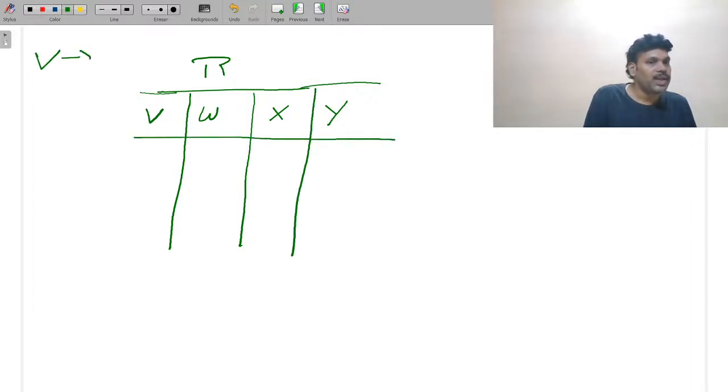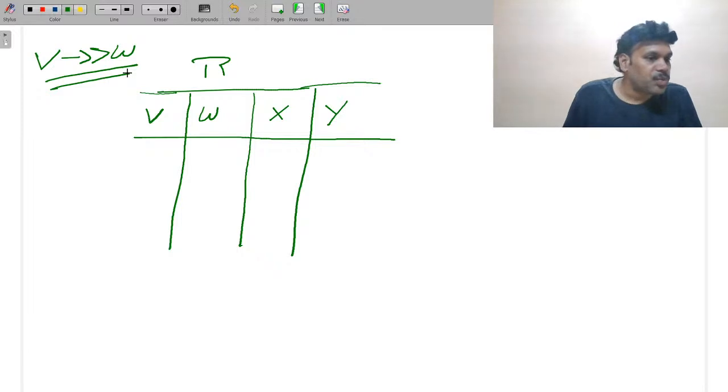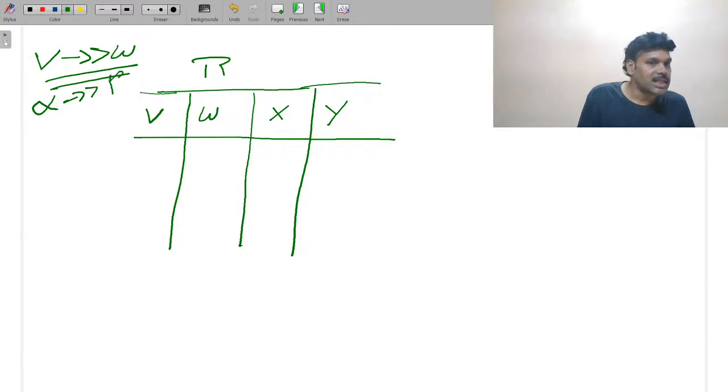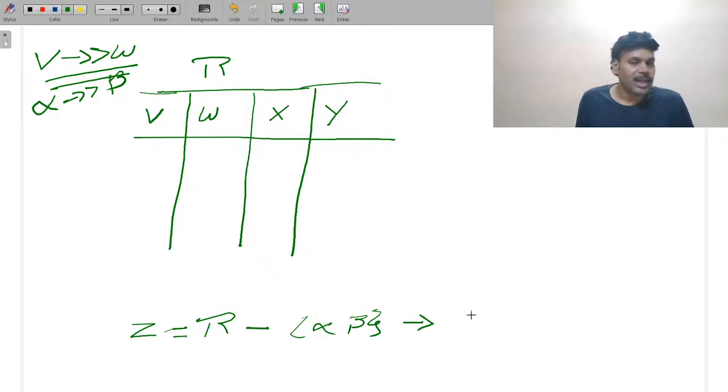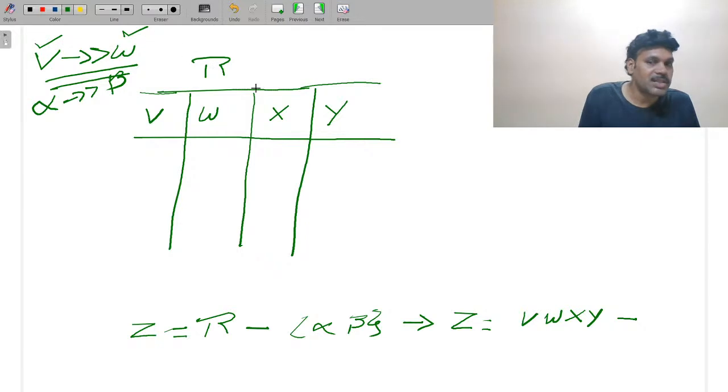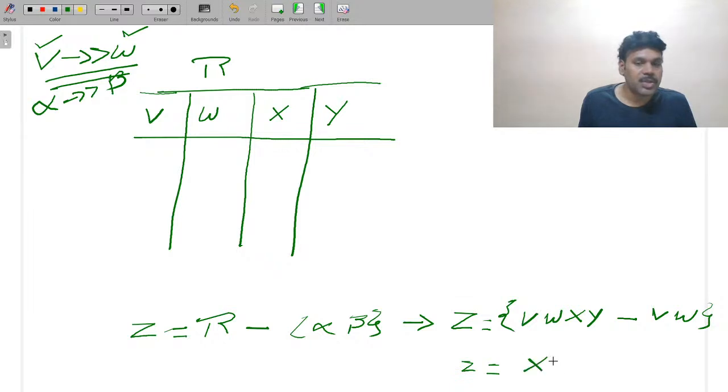I want to prove V implies W. To prove V implies W, this is your alpha and this is your beta. So what is your Z now? Your Z is nothing but R minus your alpha and beta. That is, VWXY minus your alpha and beta, which is VW. Now your Z this time has two attributes, X and Y.